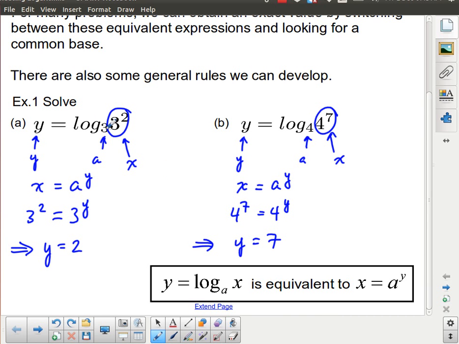Log base 3 is a logarithm to base 3, and 3 to the power 2 is the exponential function with a base 3. So the logarithm of base 3 and the exponential function 3 to the power are inverses of each other. They undo each other, and the only thing that remains is this exponent. Log to the base 4 and 4 to the power are inverses of each other. The only thing that remains is this 7.